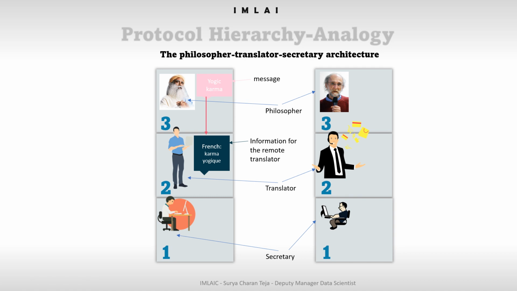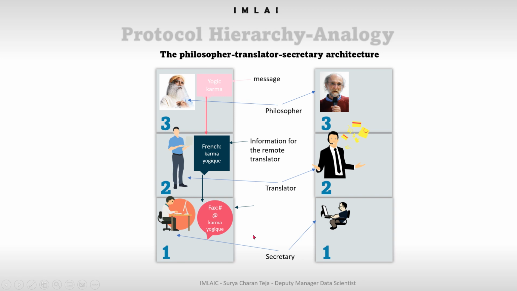Now the translator then gives the message to a secretary for transmission, for example by email. So now it has reached the secretary, and the secretary has to send it through email. So here that's layer 1.